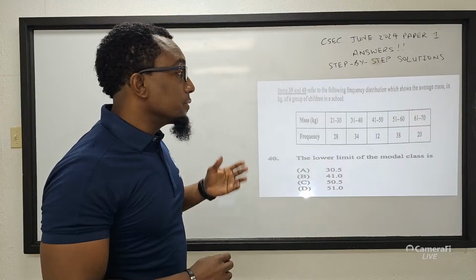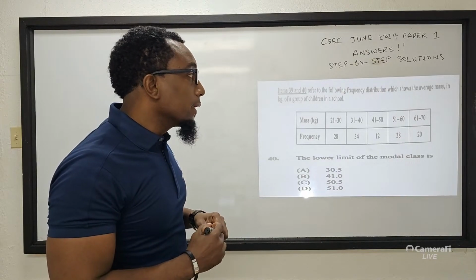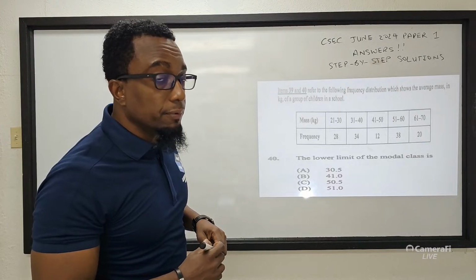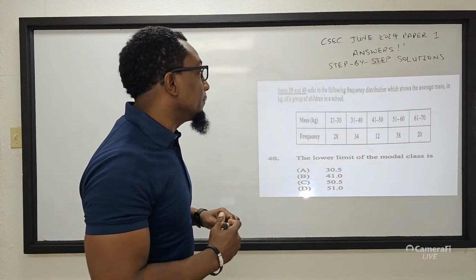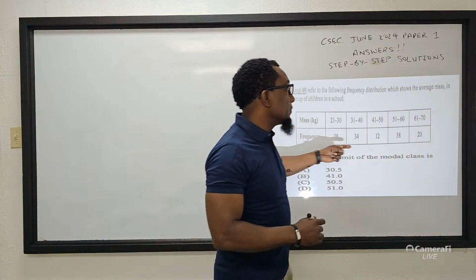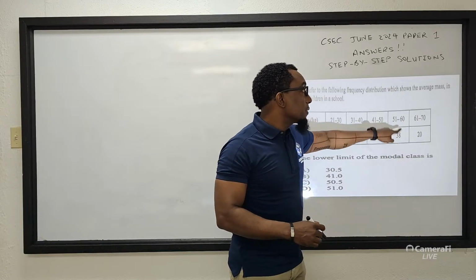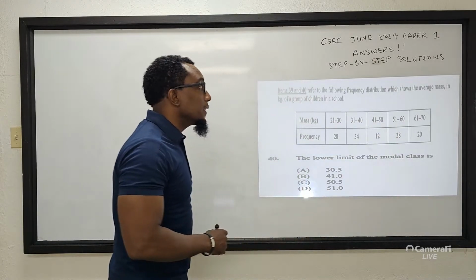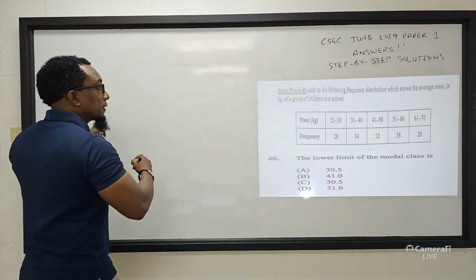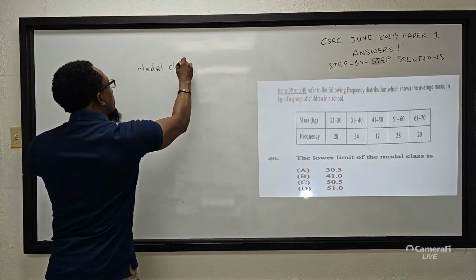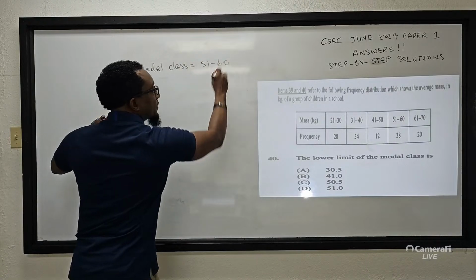And when data is in a table, the modal class corresponds to the highest frequency. So the highest frequency in our frequency table is 38. So the modal class will be that class that corresponds to 38, which is 51 to 60. Our modal class is 51 to 60.